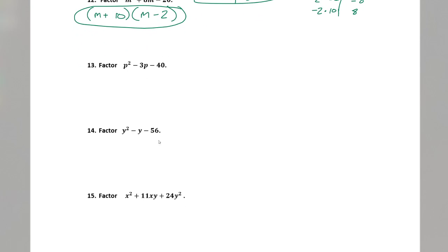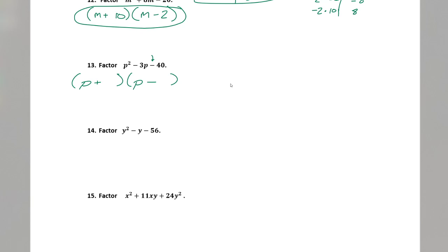Alright, I'm going to do one more, and then I'd like you to try number 14 on your own by just pausing and then starting back up just to look. So we're looking for factors that multiply to give us -40, so we're going to have a positive and negative factor.